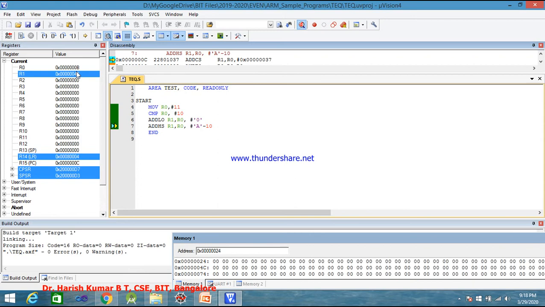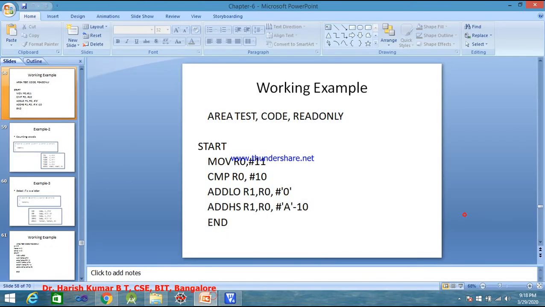The hexadecimal equivalent is 42. For A it is 41. For 9 it is 40, like that. Hope you understood this. Okay, go back to the presentation.